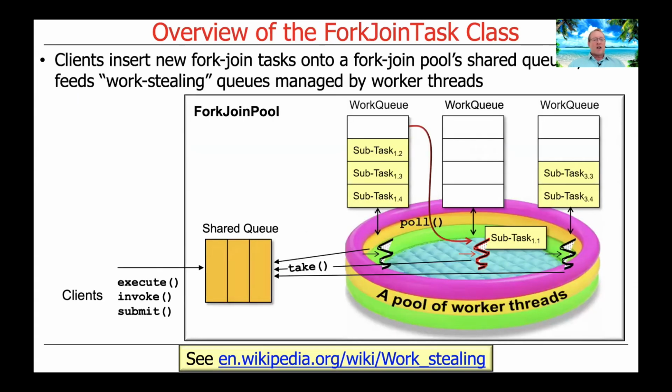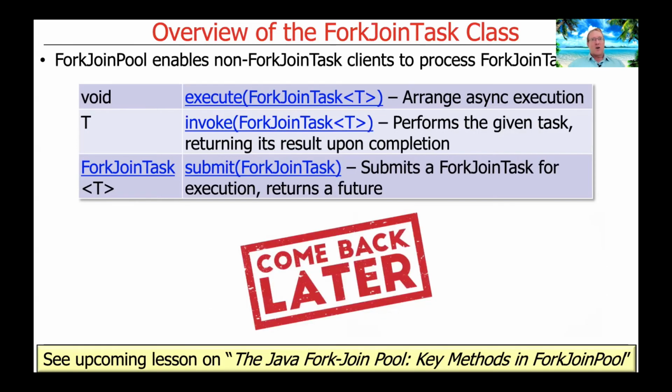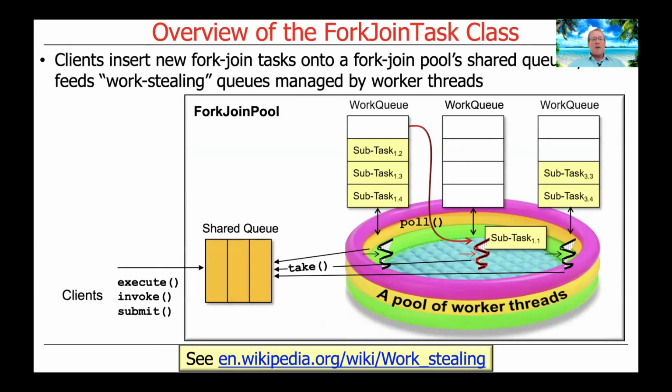So what happens here is when a non-ForkJoinTask client inserts a new ForkJoin task into the ForkJoinPool by calling execute or invoke or submit, it takes that task, and as you can see here, the non-ForkJoinTask clients call those methods, and that sticks the task into a shared queue.